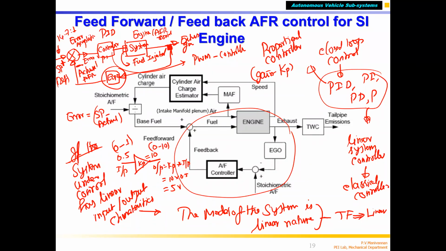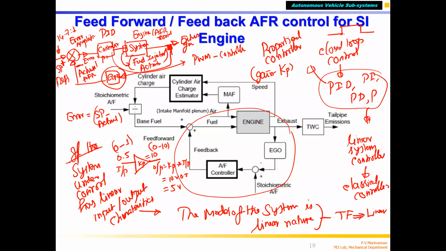So what the proportional controller does is amplify the input signal by a factor which is called the proportional controller gain. That will be given as an output, and the output is going to control the actuator. Fuel injector is an actuator. By opening and closing, the pulse width duration will be increased or decreased.